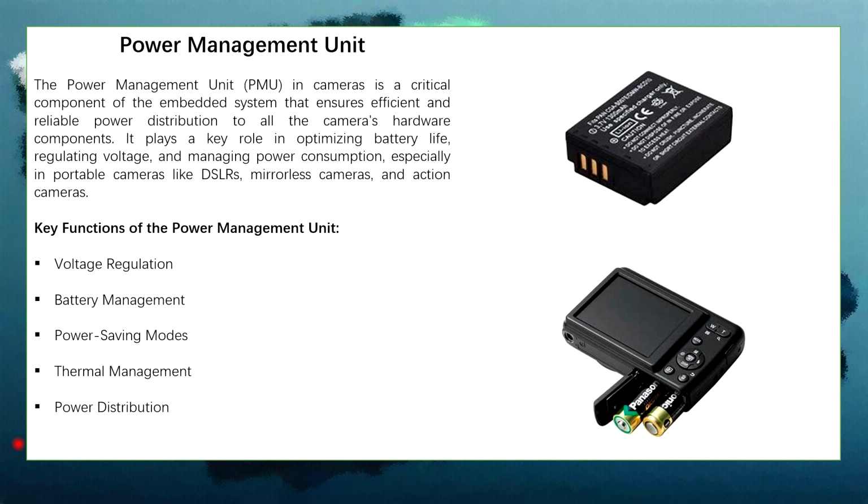It plays a key role in optimizing battery life, regulating voltage, and managing power consumption, especially in power-hungry cameras like DSLRs, mirrorless cameras, and action cameras. Key functions of the Power Management Unit: voltage regulation, battery management, power saving modes, thermal management, power distribution.